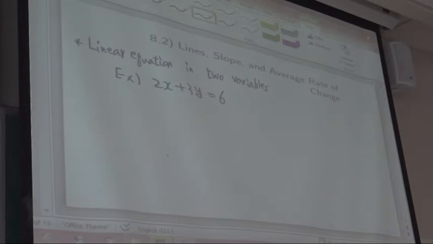So we have 2 variables, and the degree of x is 1, or the power of x is 1, and also for y. And then we say that it is linear.